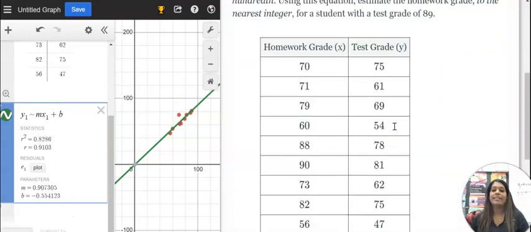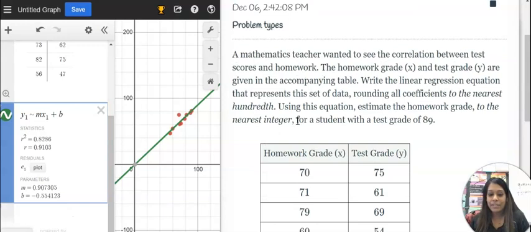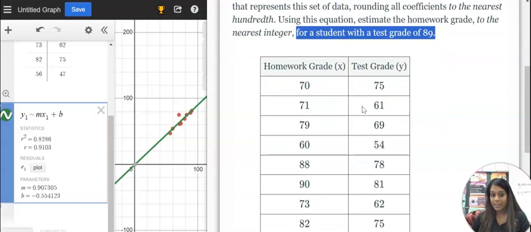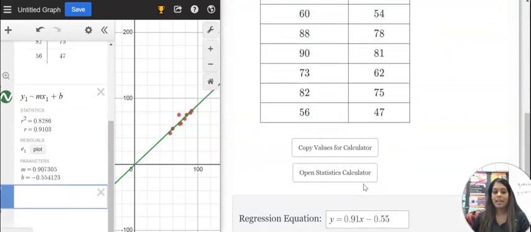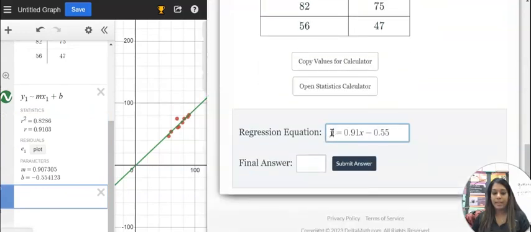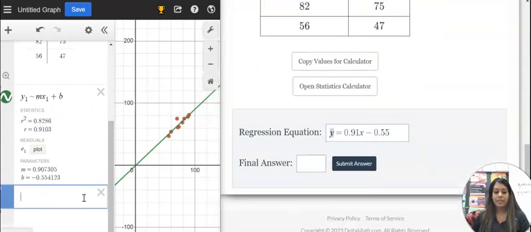Okay. Oh yeah, so it says here for a student with a test grade of 89. So it's another test grade problem, which means that for my y, I need to plug in 89 here.